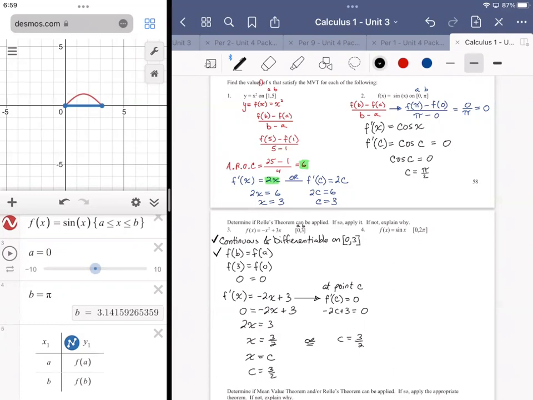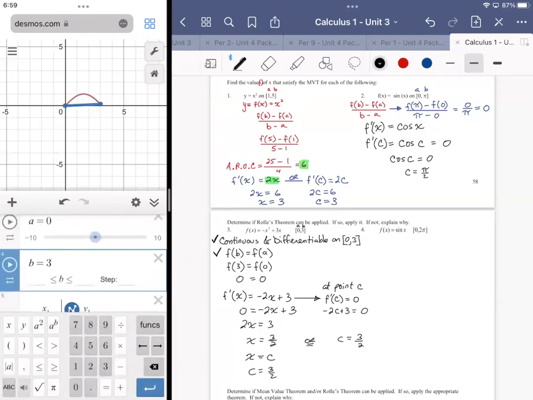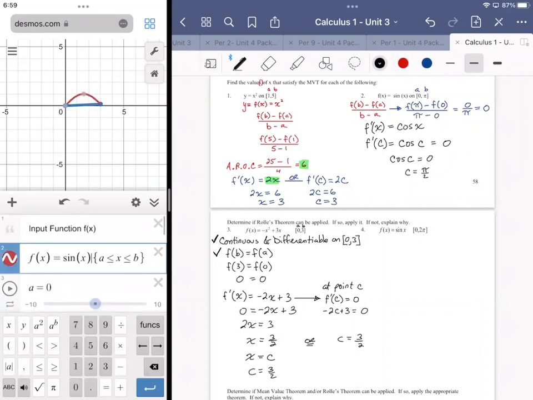If the average rate of change is equal to 0 and the mean value theorem tells us that there would be some instance along the closed interval of a to b where the derivative is equal to the average rate of change, then there would be some instance where the derivative is equal to 0, which is what Rolle's theorem is saying. So I could actually use my mean value theorem applet, I'm calling it an applet for lack of a better term, to determine a Rolle's theorem solution.